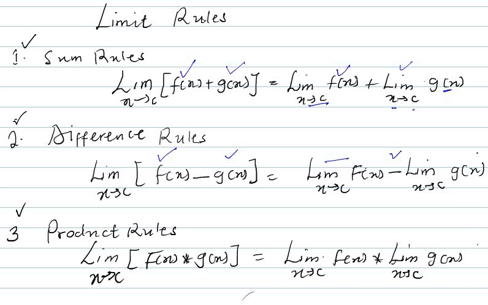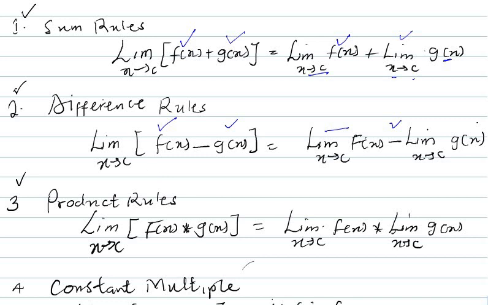Like for the product rule, if you have the limit as x approaches c of f of x times g of x, you just take it individually.